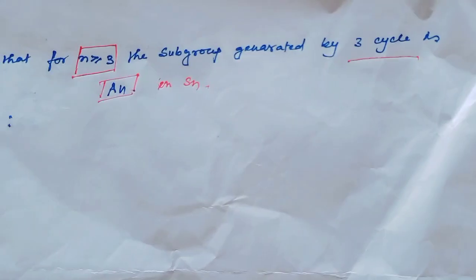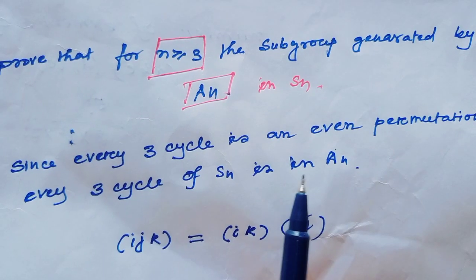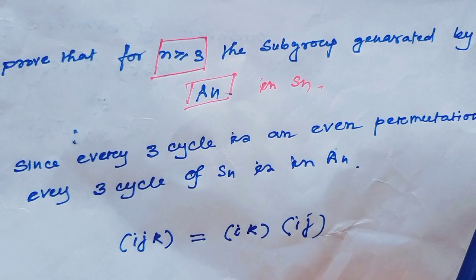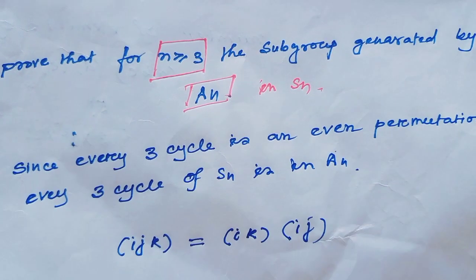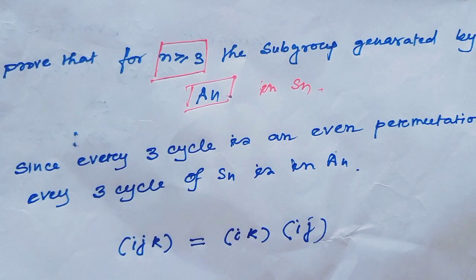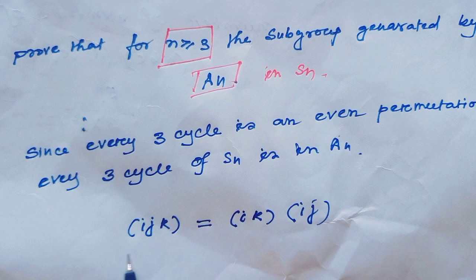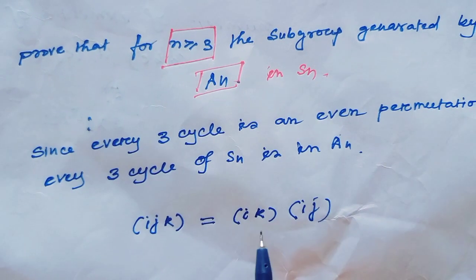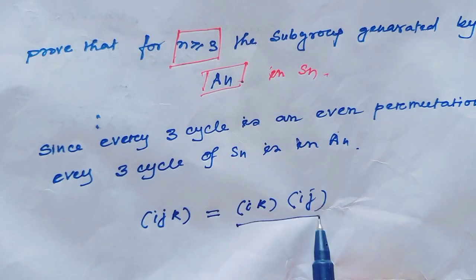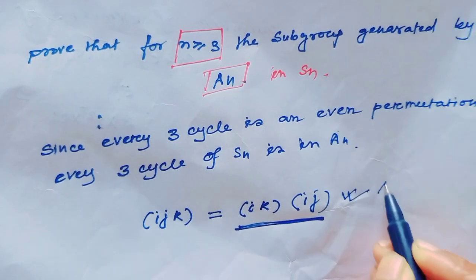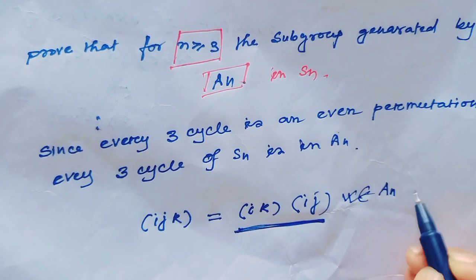Let's see the proof. Since every 3-cycle is an even permutation, every 3-cycle of Sn is in the subgroup An, because consider this 3-cycle (i j k), we can write this as (i k)(i j). Obviously this is an even number of transpositions, so this always belongs to An in Sn.